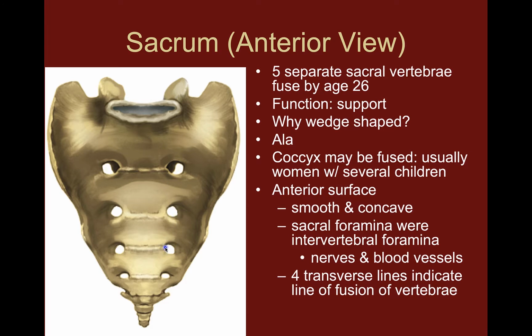These were intervertebral foramen, and this is where we'll see nerves and blood vessels protruding out. You can also see these 4 transverse lines here that indicate where the vertebral bodies fused, where there used to be an intervertebral disc.